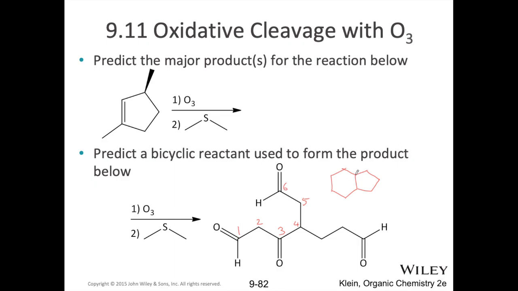So if this is carbon 3, and 2 and 1, we have a double bond between carbons 1 and 6. Okay, so 1, 2, 3, 4, 5, 6. So that's what's connecting these two carbons here.